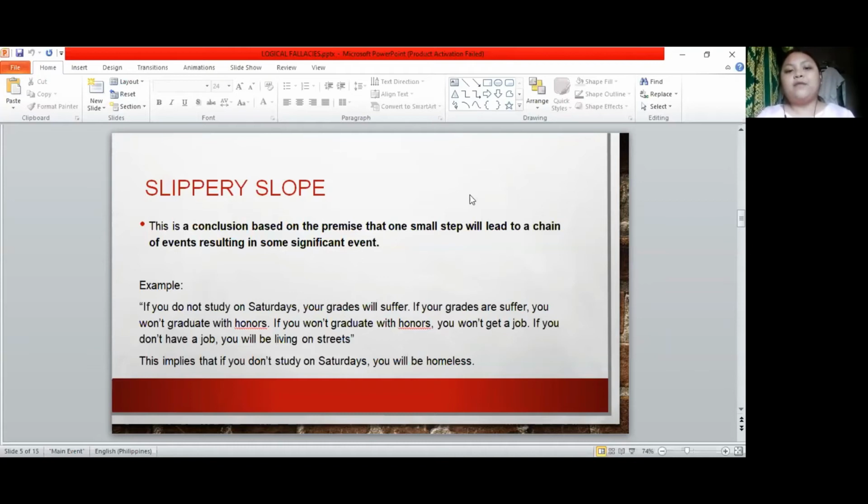If your grades suffer, you won't graduate with honors. If you won't graduate with honors, you won't get a job. If you don't have a job, you will be living on the streets. So this argument implies that if you don't study on Saturdays, you will be homeless, right? So the problem here is that the main issue is being covered by extreme hypotheticals with no real proofs or evidences, right?